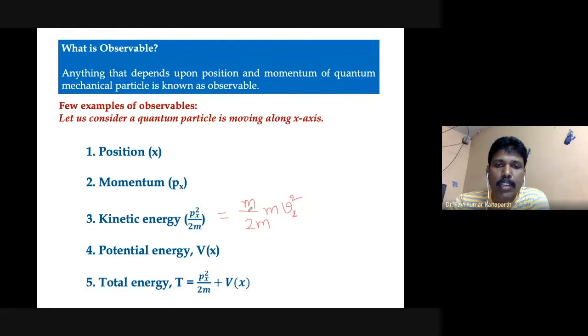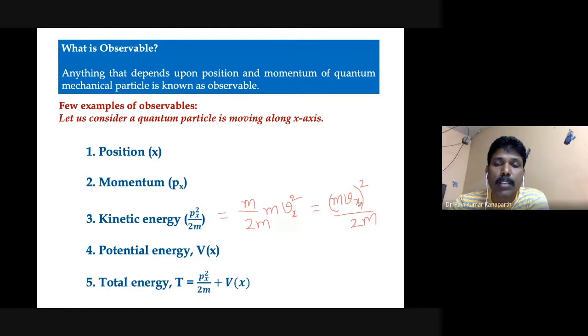In the numerator, you already have one m, and there is another m. Therefore, m square and vx square, so you can simply write mvx whole square divided by 2m. And mv is a momentum.